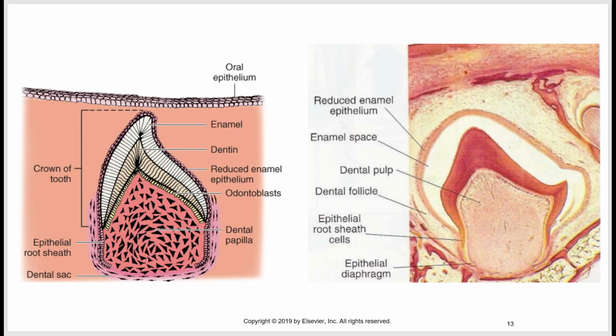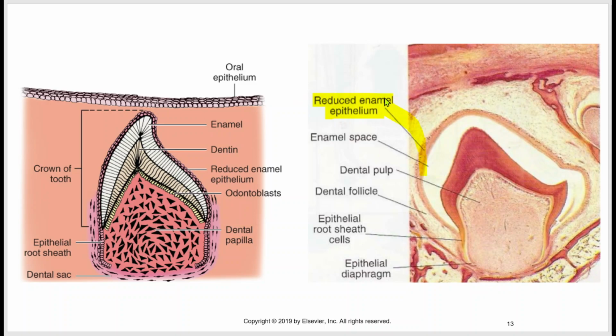This is just another picture that will show. You don't have to recognize all of these pictures, just the other ones that I talked about before. This is the reduced enamel epithelium, made by the outer enamel epithelium and the ameloblasts when they get together.